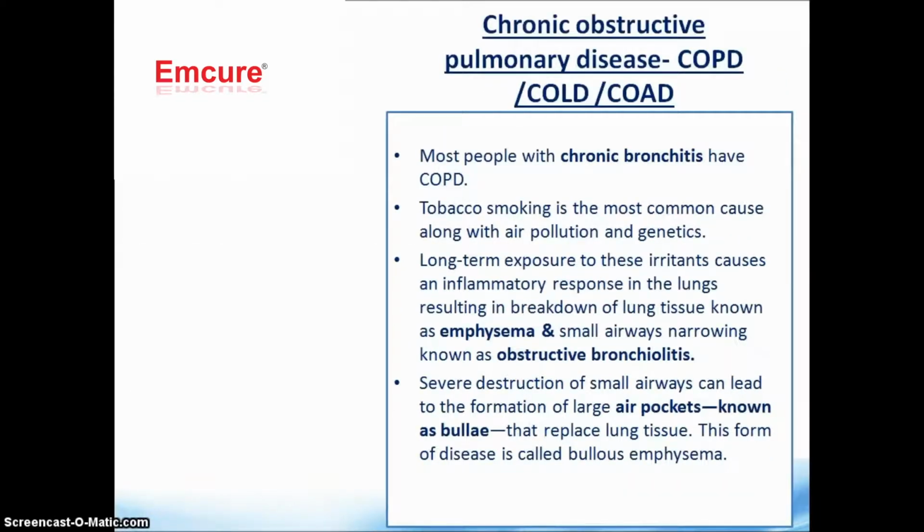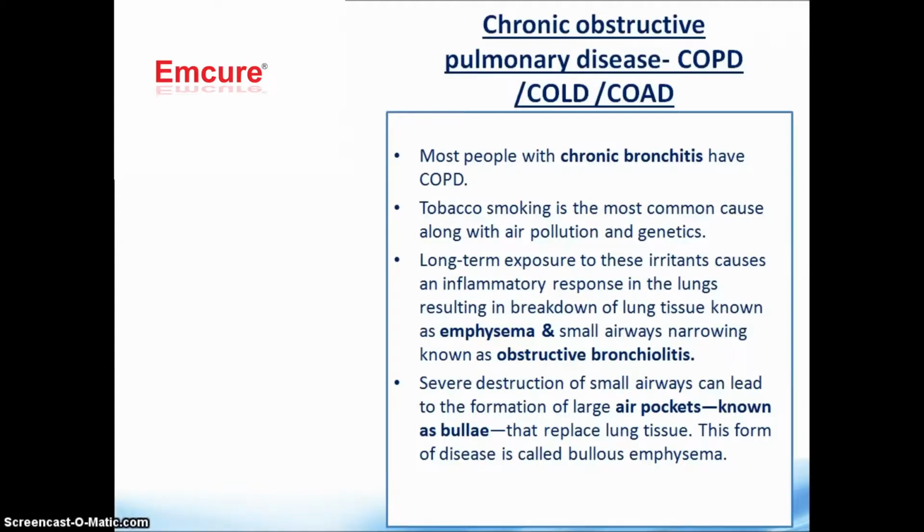Most people with chronic bronchitis have COPD. Tobacco smoking is the most common cause, along with air pollution and genetics, for development of COPD. Long-term exposure to these irritants causes an inflammatory response in the lungs, resulting in breakdown of the lung tissues known as emphysema and small airway narrowing known as obstructive bronchiolitis.